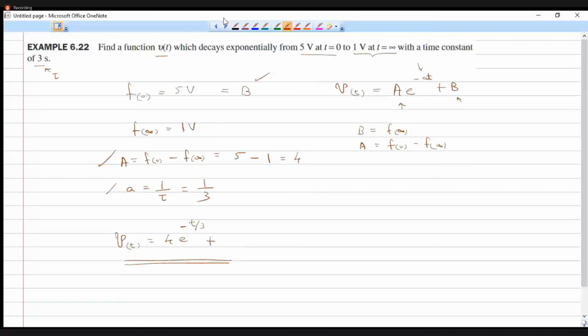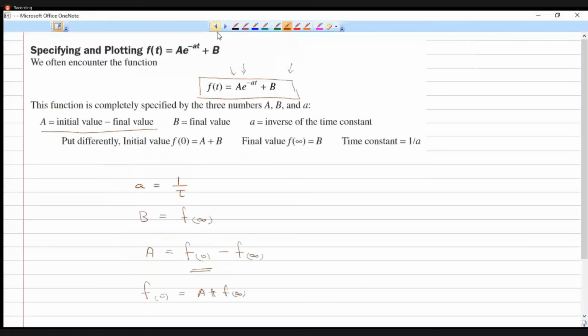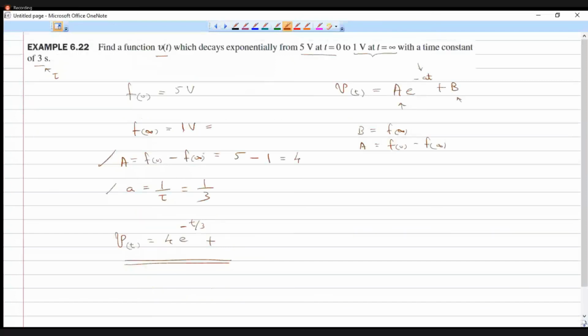What is b? b is not v, b is f infinity, right? So this is b. Remaining things remain correct. So this should be 4 e power minus t by 3 plus 1.